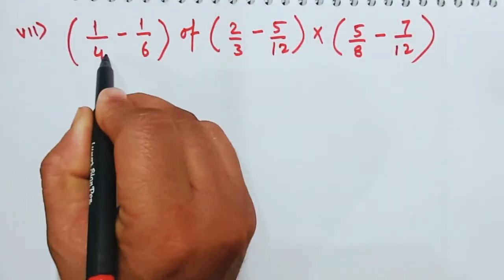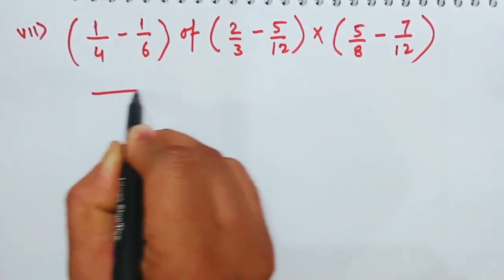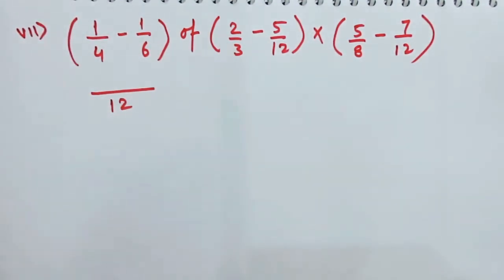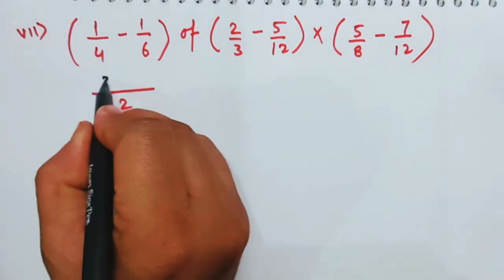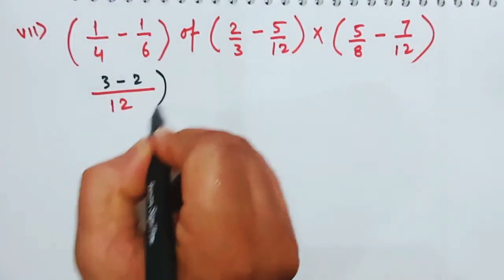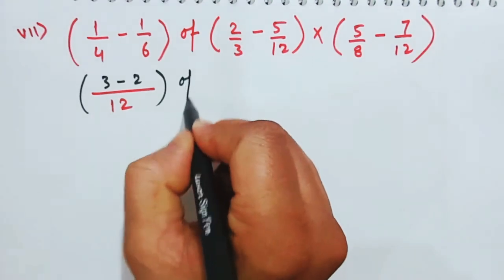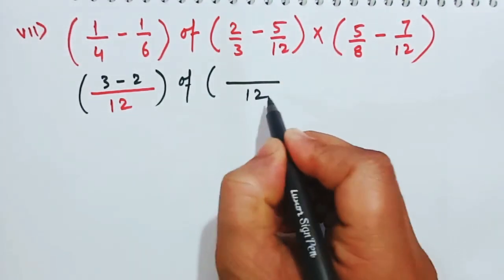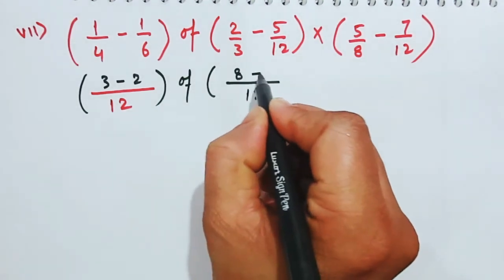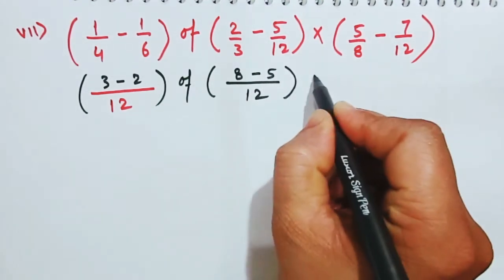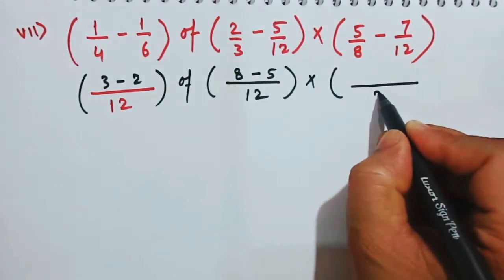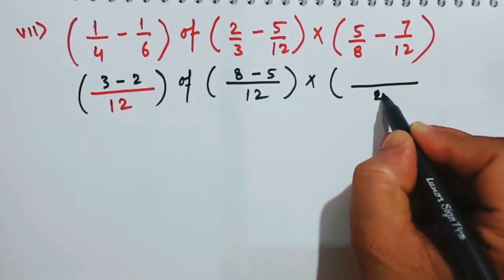The LCM of 6 and 4 is equal to how much? So 12. Now 3 minus 2. Now you do not ask me how you got it. 12. 8 minus 5. Okay, multiplied by, see, the LCM of 8 and 12 is equal to how much? 48?